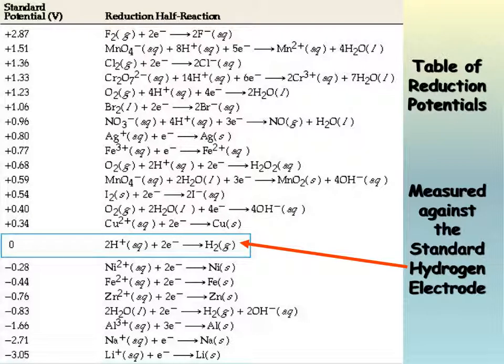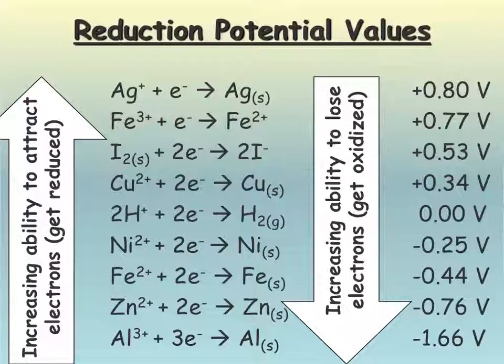All right, so here is an example table of reduction potentials. Notice that here is the hydrogen electrode, has a value of 0. And everybody that is more likely to be reduced is up here above hydrogen, and anybody that's less likely to be reduced is going to be below hydrogen.